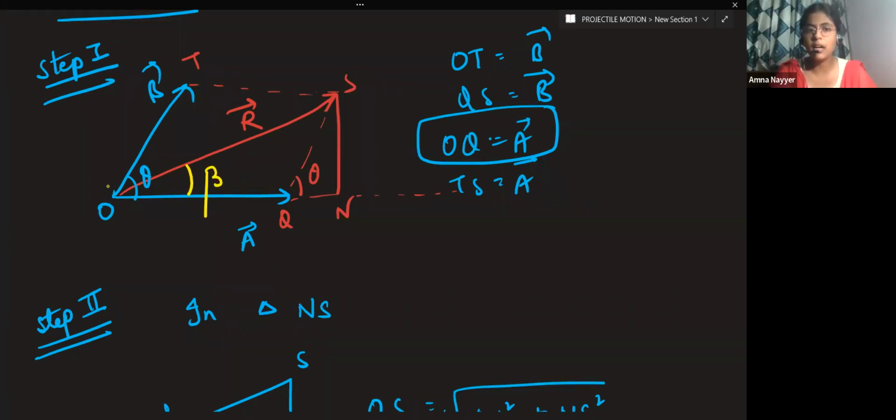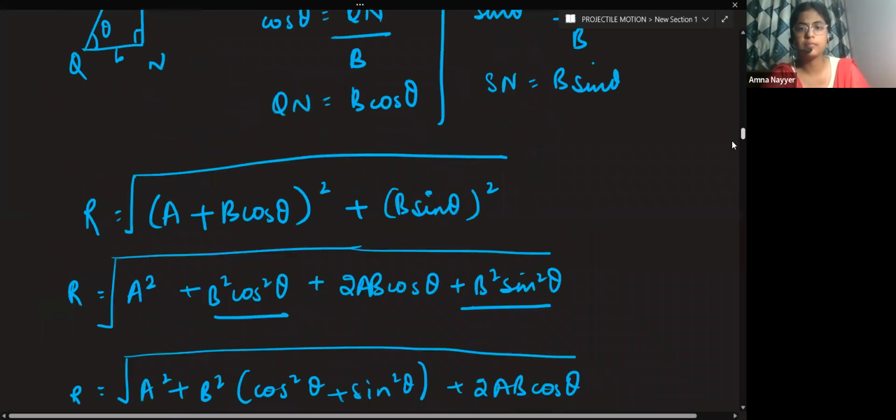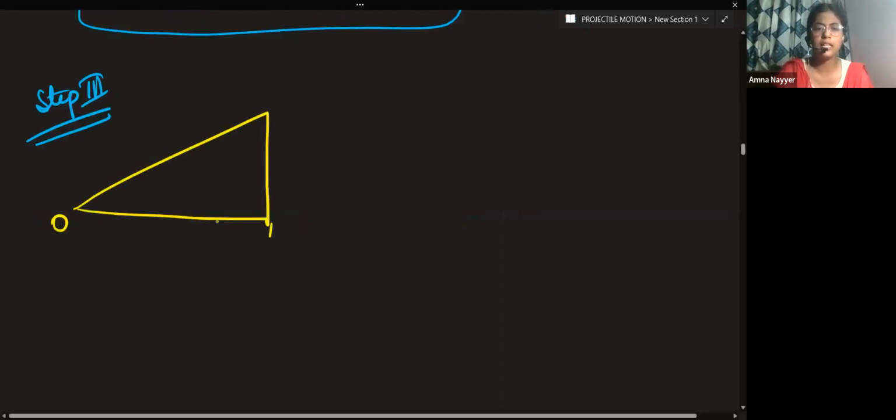Beta is the angle between the resultant and the vector. I'll draw it again for step 3. O, this I had written as N, this was S, no? This angle is now beta.